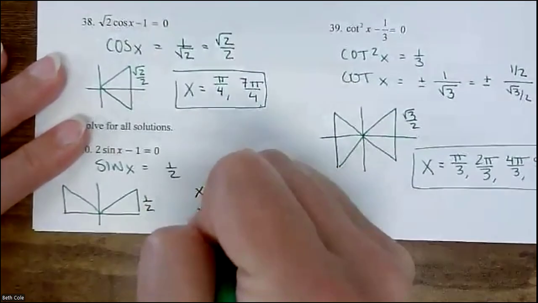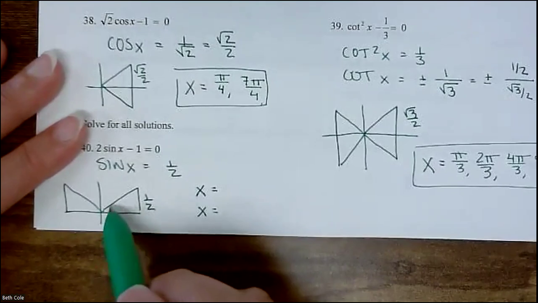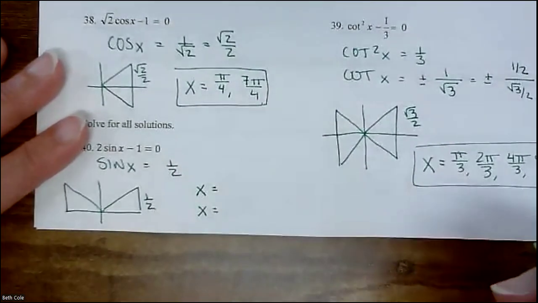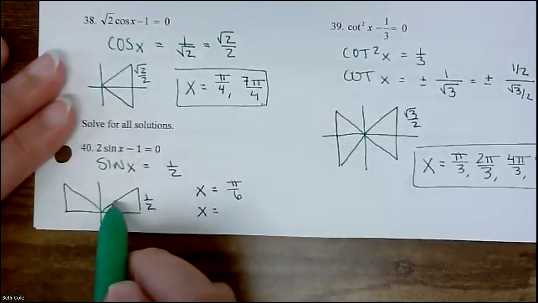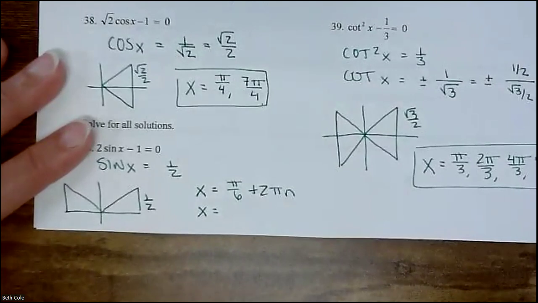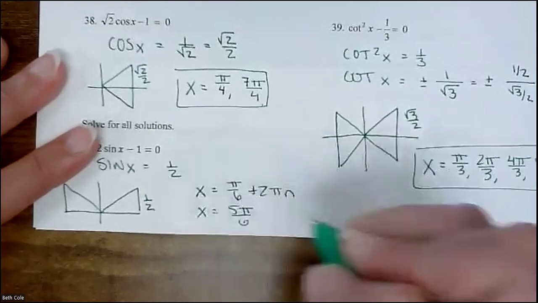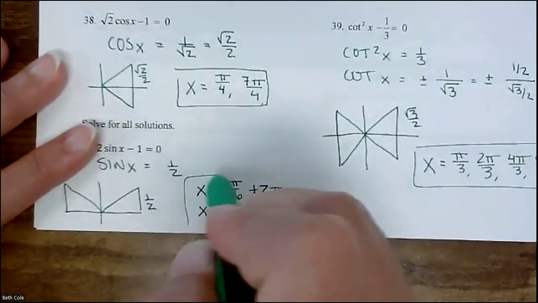So we're going to have to write this as 2 separate answers because they're not evenly spaced from each other. What's the first one? What's our angle across from the 1/2? Yeah, good. Pi/6. Now you have to go the whole way around to get back to there. So plus 2 pi n. And then the other one's going to look practically the exact same, but in the second quadrant, it's 5 pi/6. And then you have to go the whole way around to land there again.